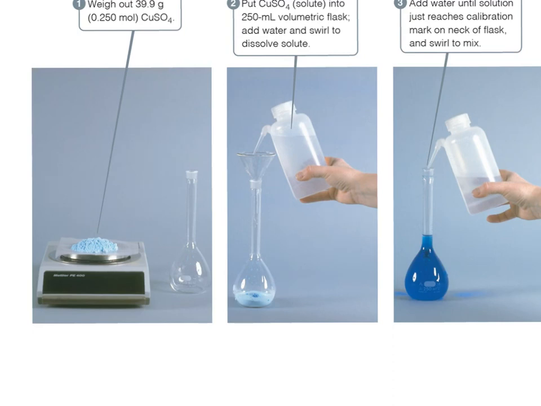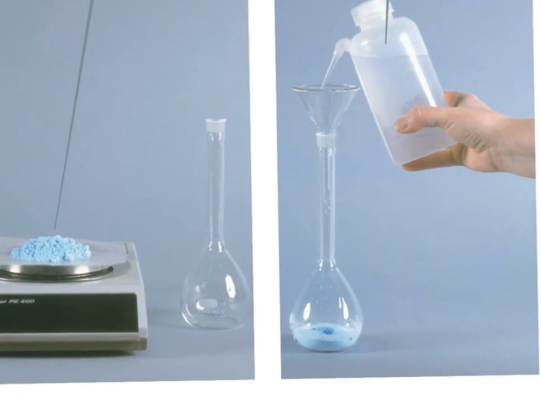which you have weighed out here, put it in this volumetric flask, and you can't really see it. I don't think you can see it even if I blow it up. But when they come from the factory, there'll be a line that has been etched in it to give you the exact volume. In this case, I think this is a 250 milliliter flask.